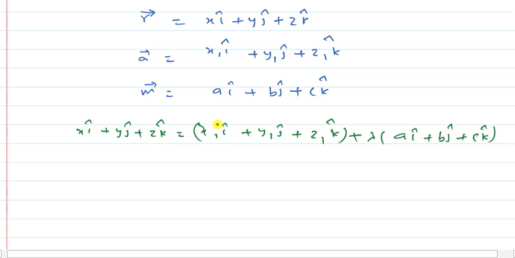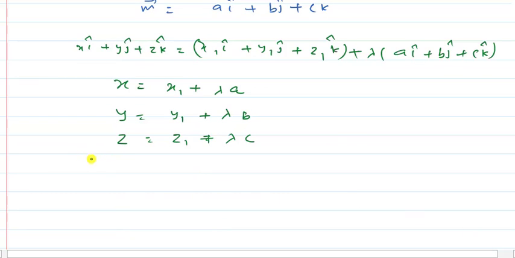If we compare the coefficients of i, j and k here, then we get x is equal to x1 plus lambda a, y is equal to y1 plus lambda b, and z is equal to z1 plus lambda c.